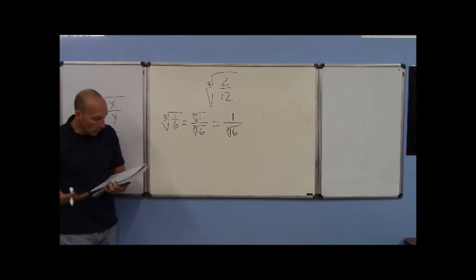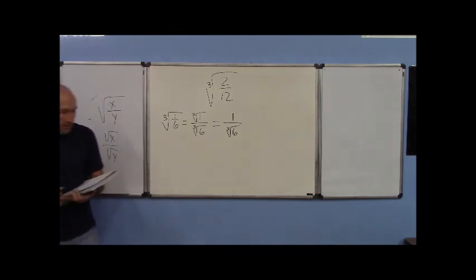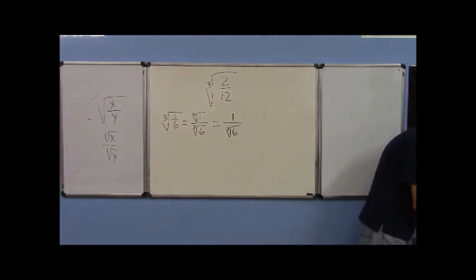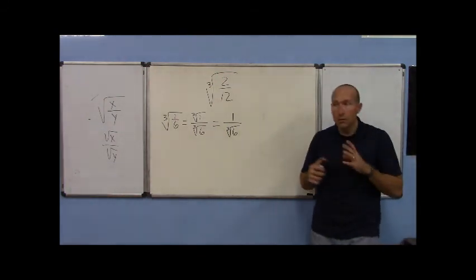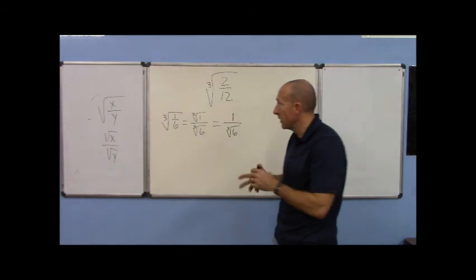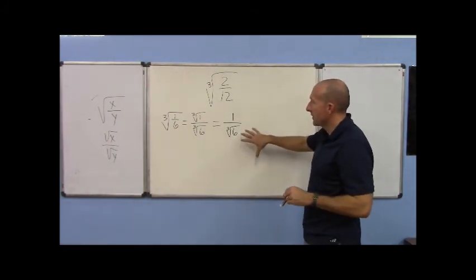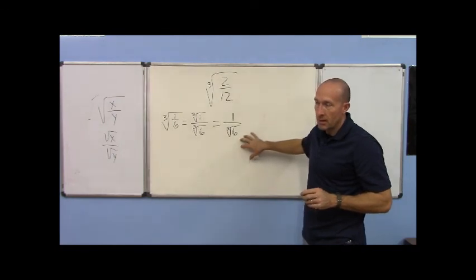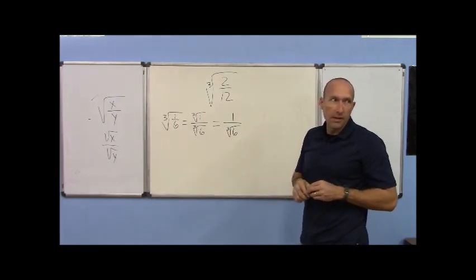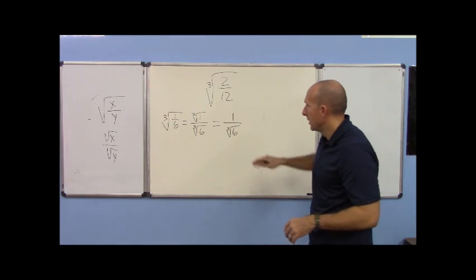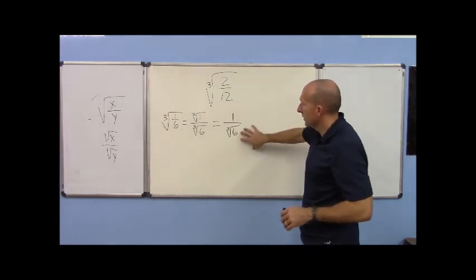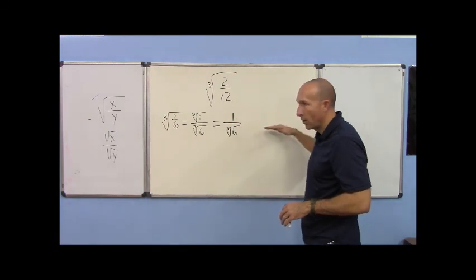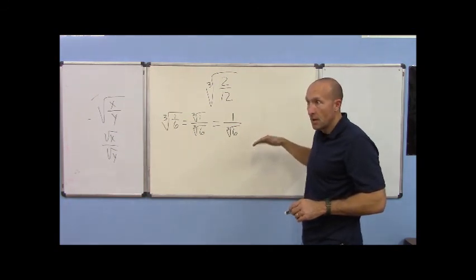Now, this is where the homework is trying to get you. If necessary, you don't want a radical on the bottom, kind of like you don't want a negative exponent on the bottom. So what we want to try to do is rename this whole statement to where it's a whole number on the bottom, which is okay.